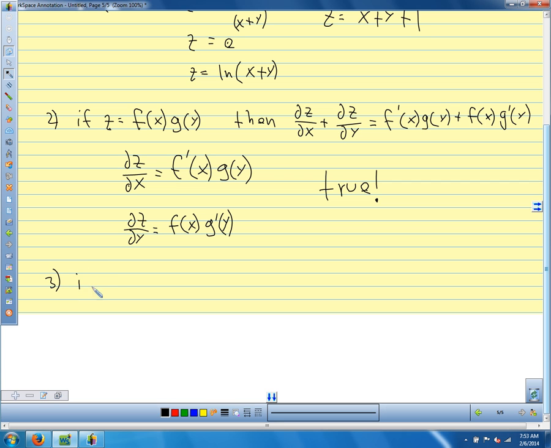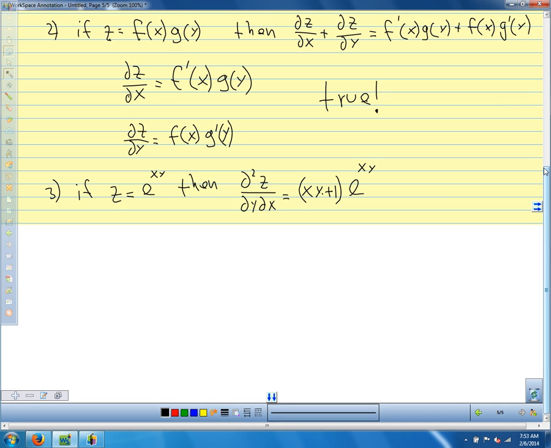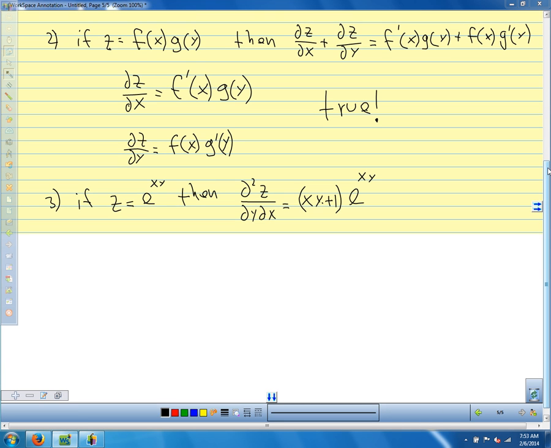If z equals e to the xy, then d squared z dy dx equals xy plus 1 times e to the xy. So do the second mixed partial and tell me if this is true or false.